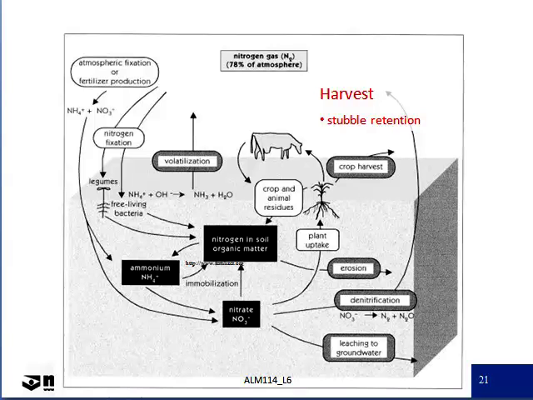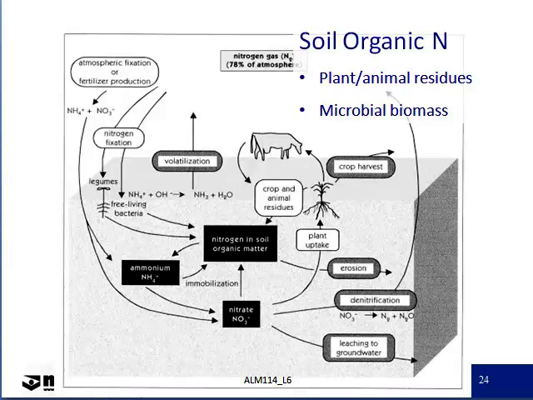If you retain your stubble, decomposition can occur and nitrogen can enter into your system. Nitrogen can leave your system by being consumed either by grazing animals or other herbivores. As microorganisms decompose organic matter, ammonium is released.